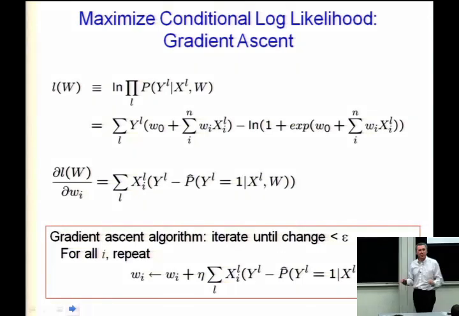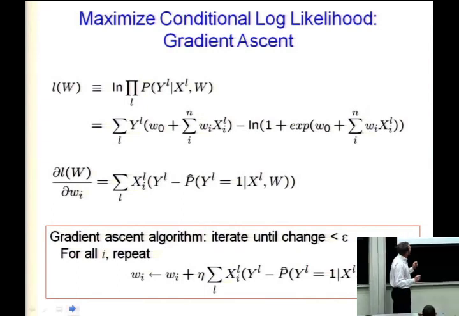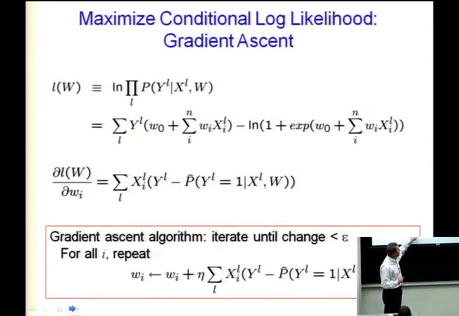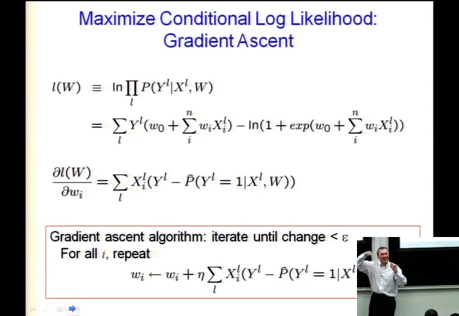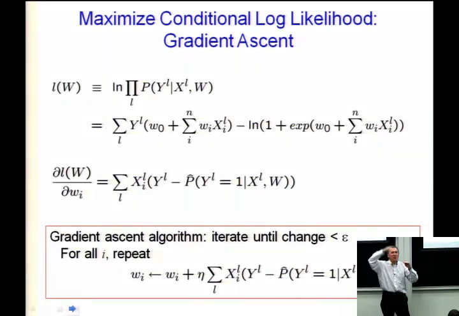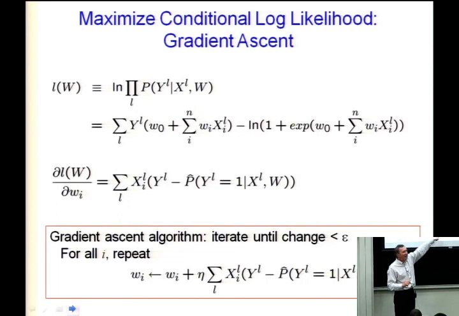Many people like to use 0 as an initial point for their W's, although you don't need to. Then we iteratively take gradient ascent steps, each time picking new values of W that will increase the conditional data likelihood until we notice that we've maxed out. And on each of those steps, here's the rule for doing it.